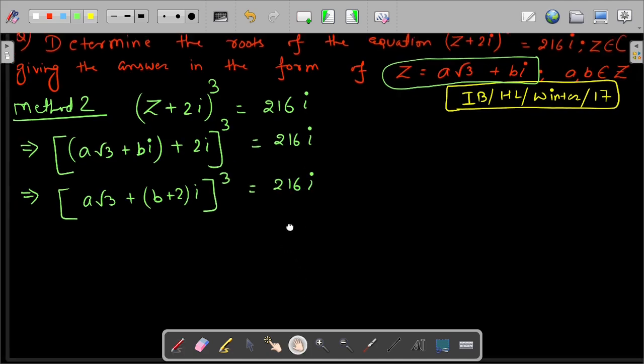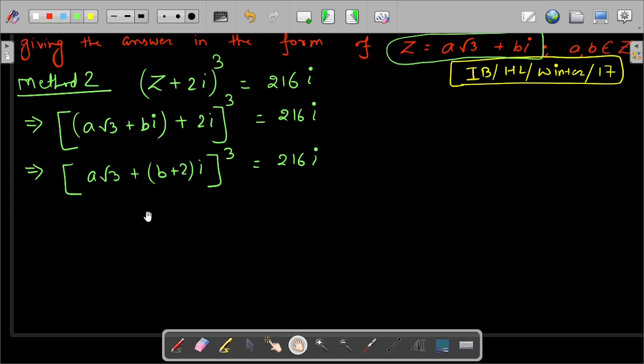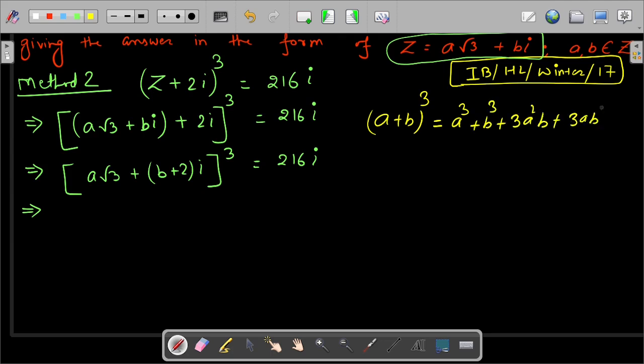The simple concept here is I will expand this left hand side expression and equate it with the right hand side, real part with real part and imaginary part with imaginary part. So I am going to expand (a + b) whole cube with this identity: (a + b) whole cube is a cube + b cube + 3a square b + 3ab square. So a cube is (a√3) cube, plus (b + 2) cube times i cube, and i cube becomes minus i.